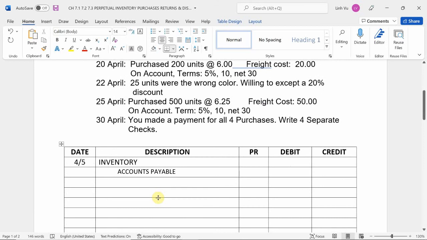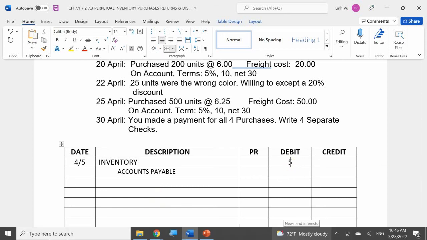Because I bought 1,000 units at $5 each, which gives me 5,000. I have to include the freight of 100. So therefore, what I'm going to put in my inventory is 5,100. And that is exactly how much I owe.